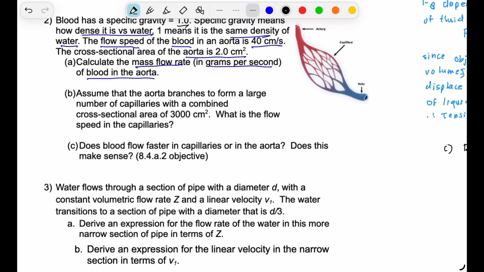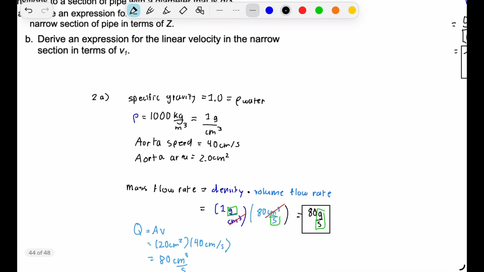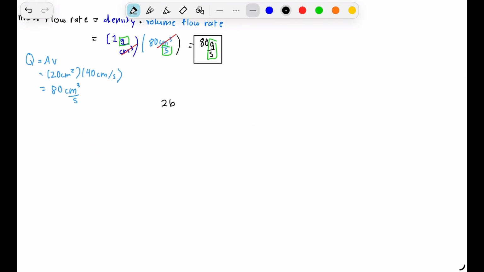For part B, we're asked, assume the aorta branches to form a large number of capillaries with a combined cross-sectional area of 3,000 centimeters squared. What is the flow speed in the capillaries? So for this, we're looking for the flow speed in the capillaries.